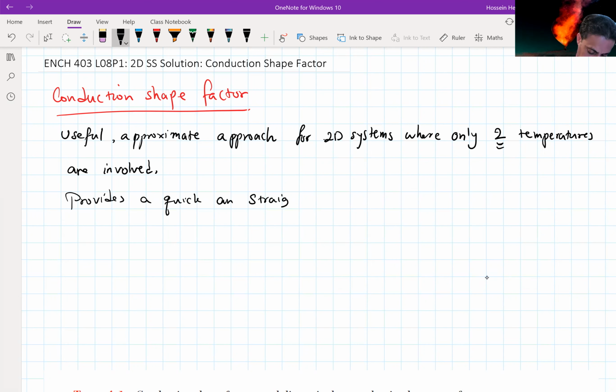The heat is getting lost from this pipeline to the ground, so it's a 2D problem. It's not symmetric everywhere around, so we can't assume 1D radial conduction. So this is steady-state 2D conduction. I would say assume no convection or radiation can happen. And then let's assume k is constant everywhere.